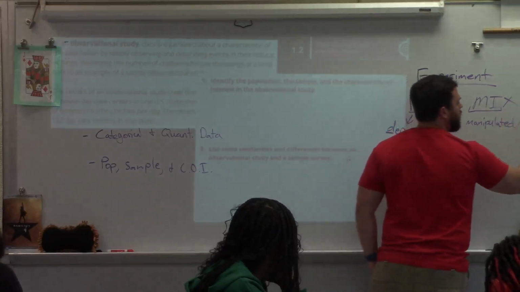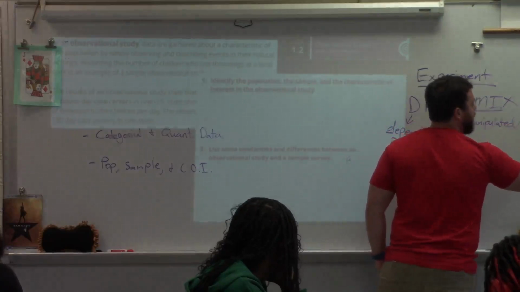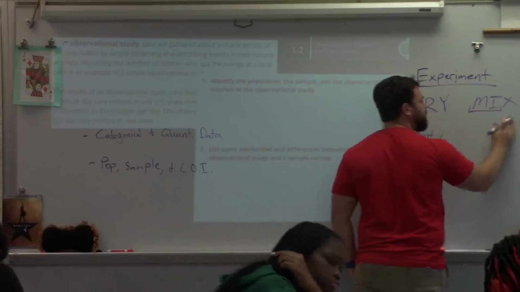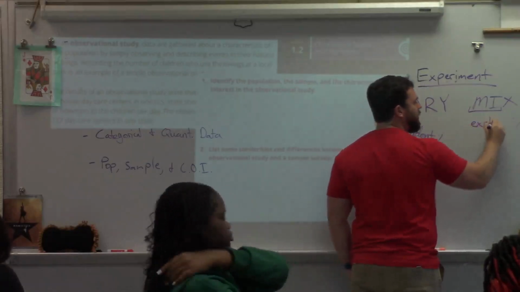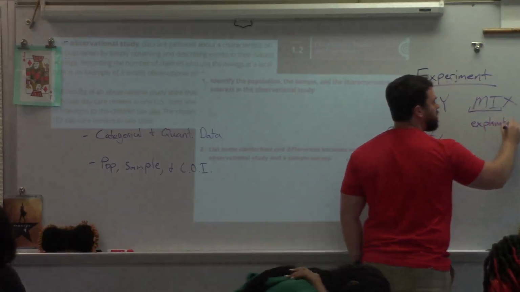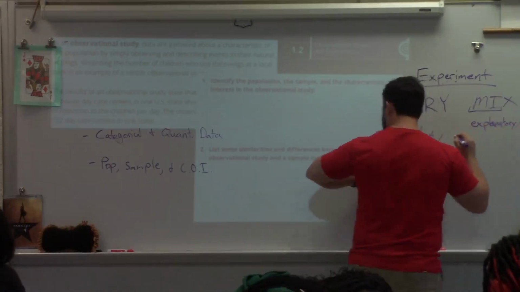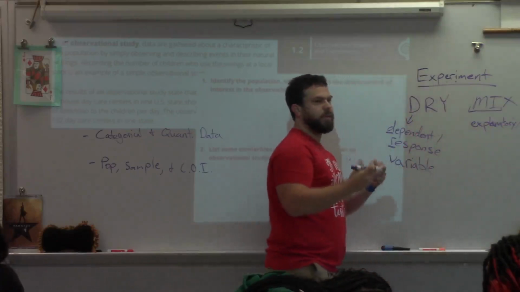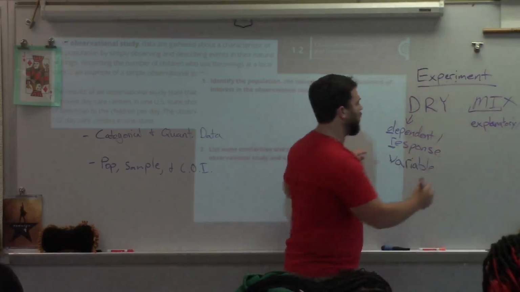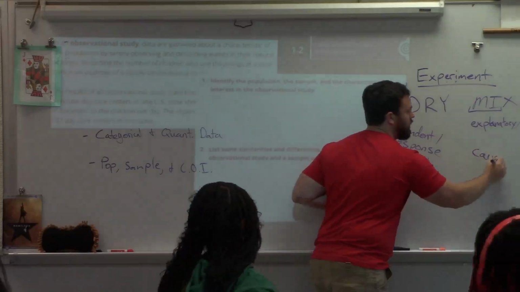Independent variable goes on the x-axis. Now, be aware, in statistics we call that manipulated and explanatory variable. And so, if you have independent, dependent, you have explanatory and response, we want to look at cause and effect. We'll come back from lunch and talk about that cause and effect more.